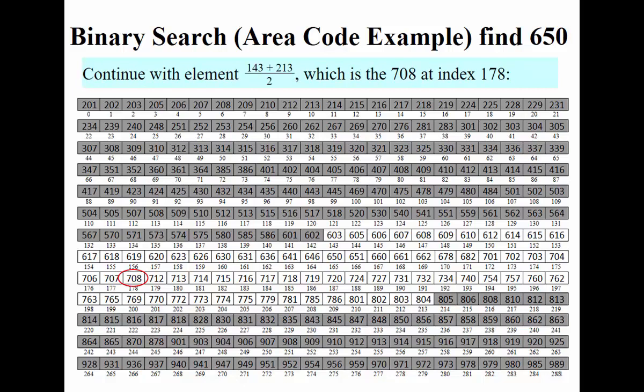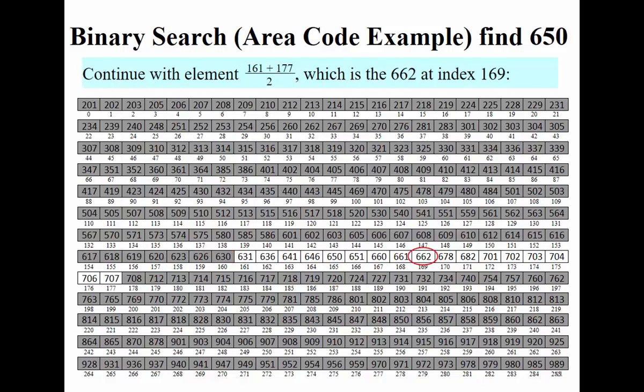We adjust the indices. The index now points to 708. 708 is still greater than the target, so we're going to remove the upper half. Now we have 63. 63 is less than 65, so we're going to remove the lower half. We adjust the indices. And again, 66 is greater than 65, so we're going to adjust the indices to point to 64.